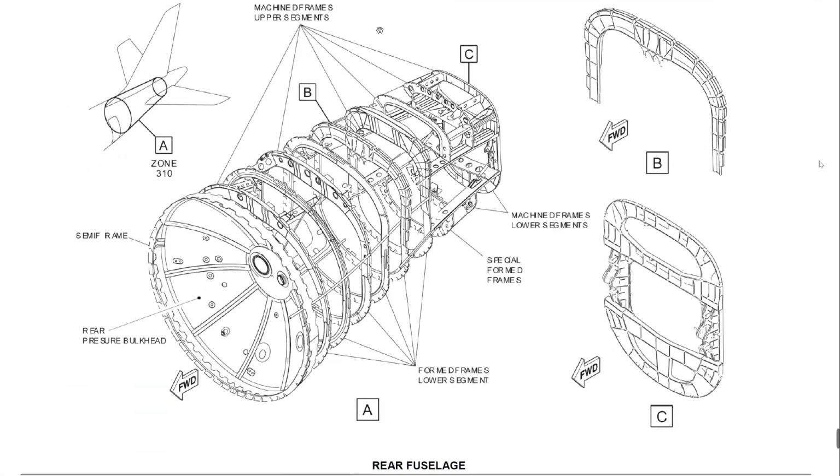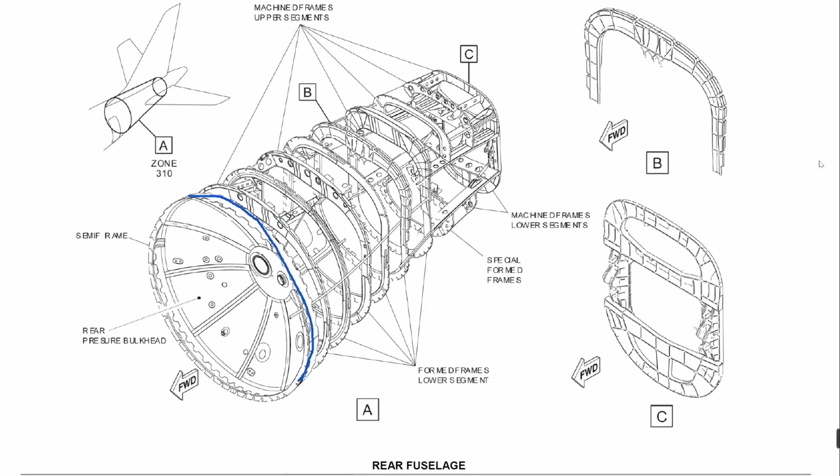Have a look. Here is the aft pressure bulkhead. This is our frame 90 alpha, and between 90 and 90 alpha we have the aft avionics compartment, and then between 90 alpha and number 100 we have unpressurized zone.